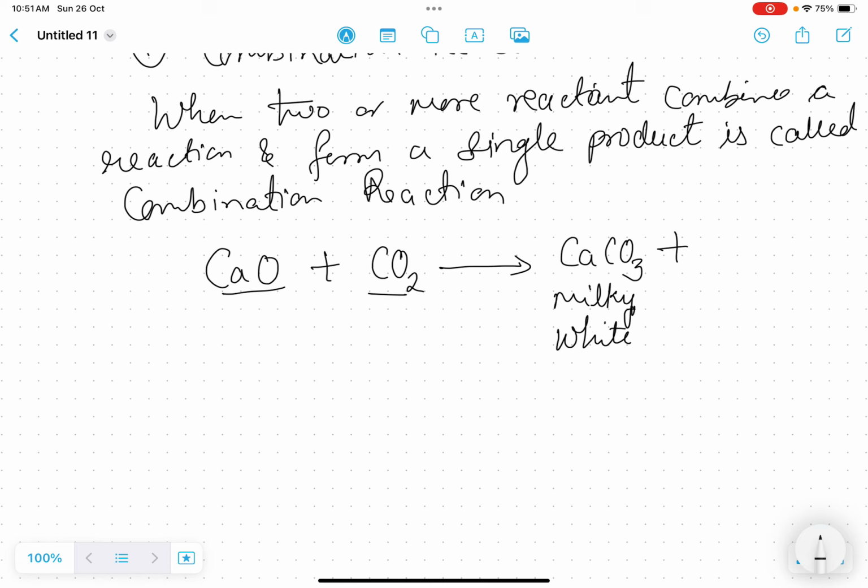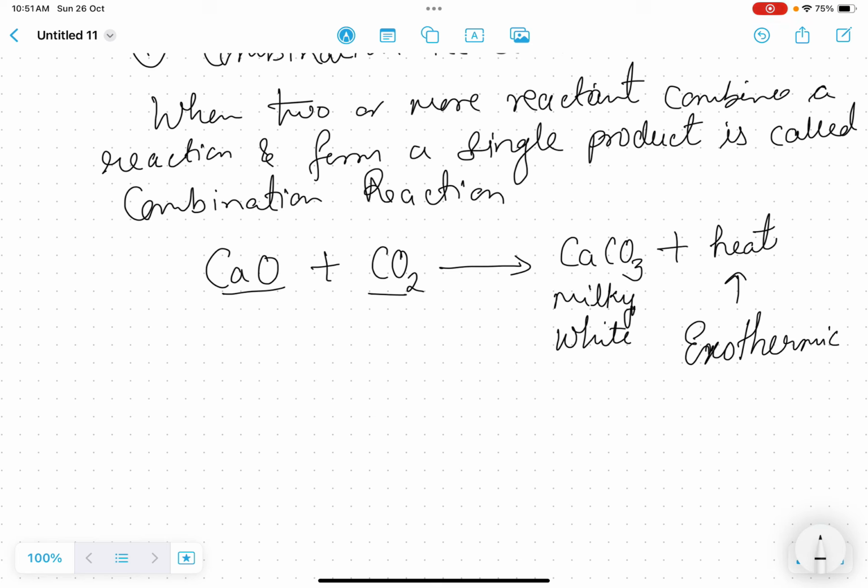And you will feel that a large amount of heat is released in that reaction. Similarly, when heat is released, it is called an exothermic reaction. If you want a detailed video on it, just comment down.